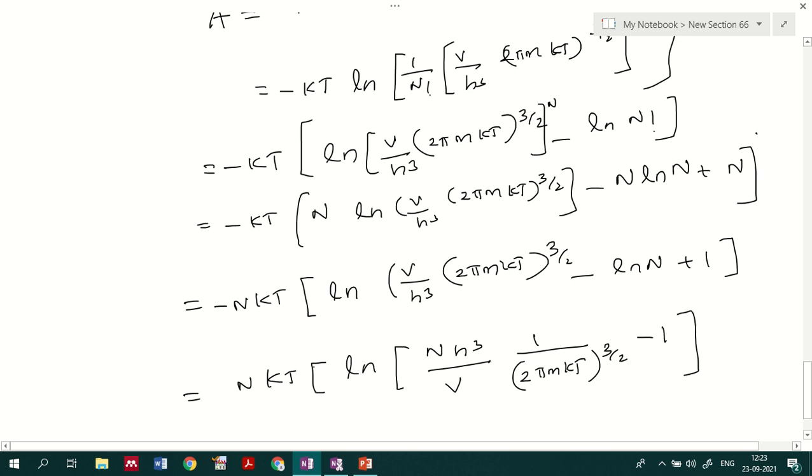What I have done is just taken the minus inside, so that's minus ln of (V by h cubed)(2 pi m kT)^(3/2) plus ln n, so I have to take the inverse of this term, because it will be coming in the denominator.